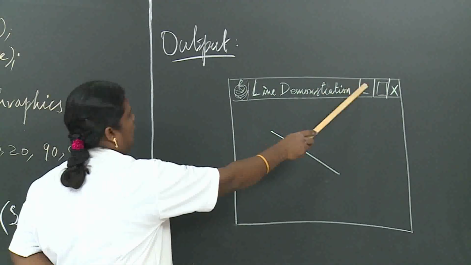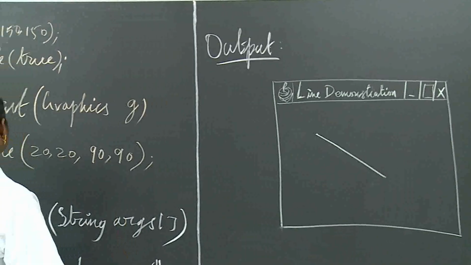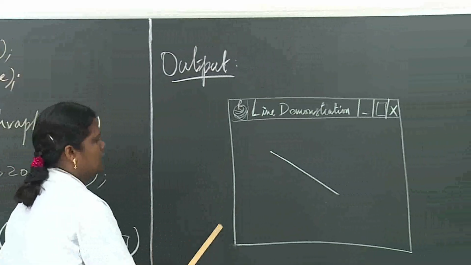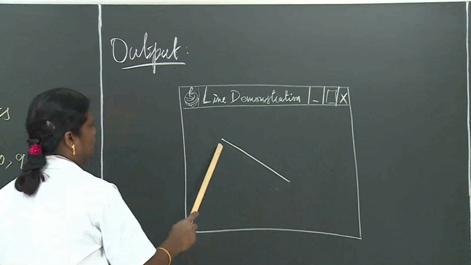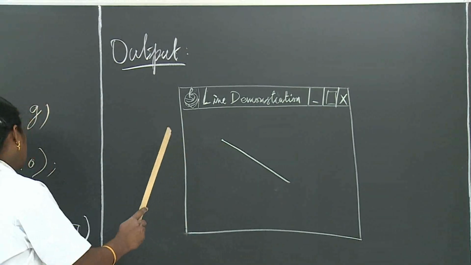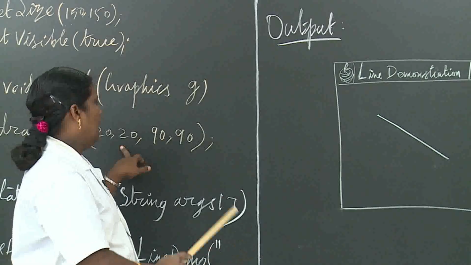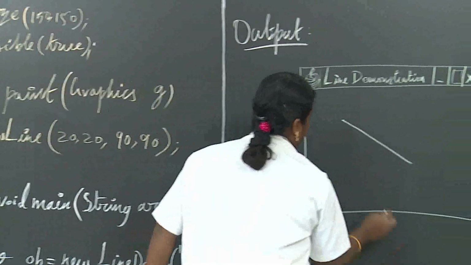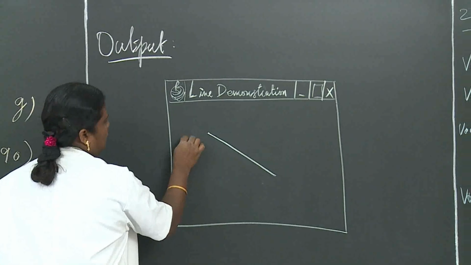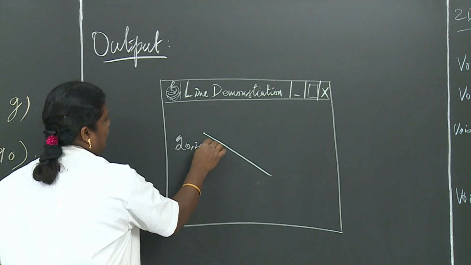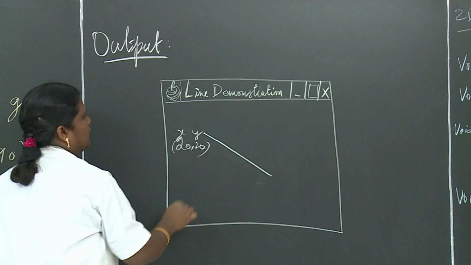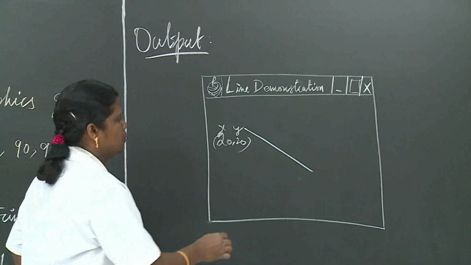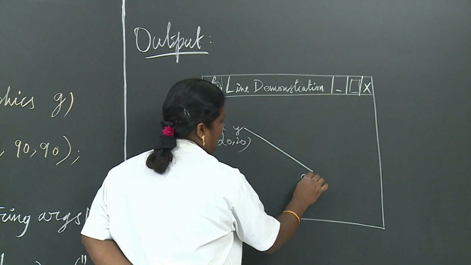This is the frame size, 150, 150. Within the frame, the line is enabled from 20, 20 to 90, 90. For example, the starting point is at 20, 20, like x and y coordinates, and in the same way it ends at this end point, 90, 90.